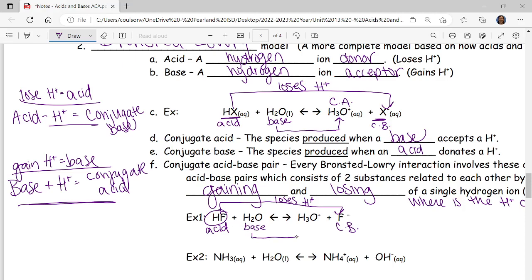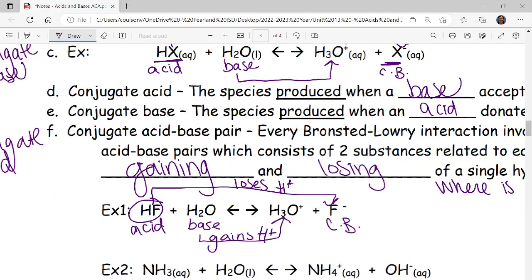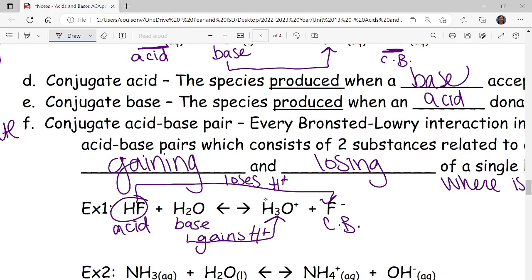And I can check it because my base plus another hydrogen, so H2O plus a hydrogen ion, is going to be H3O plus. So it gains H plus. And that would make H3O plus my what? Conjugate acid.